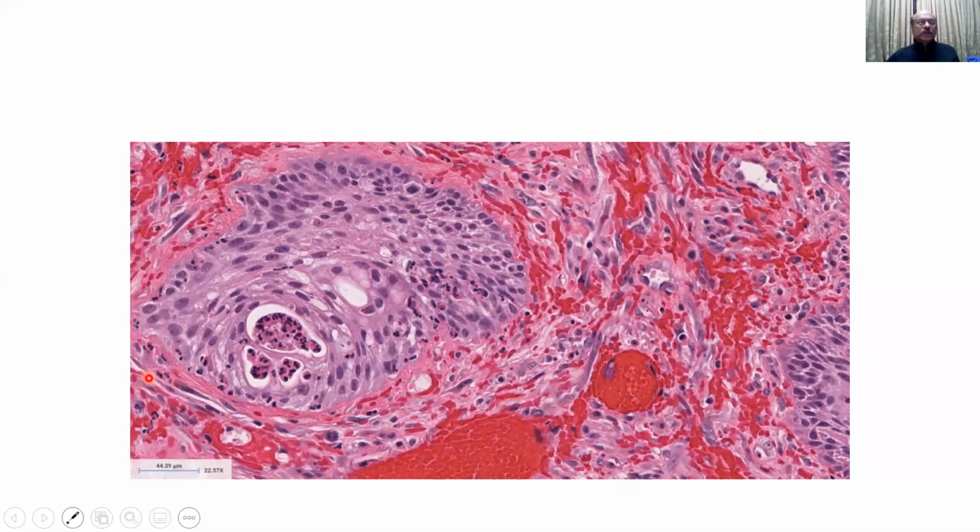a little bit higher power. These cells look like urothelial epithelium, and also in some places there is questionable squamous differentiation. The blood vessels are congested, with hemorrhage in the background.